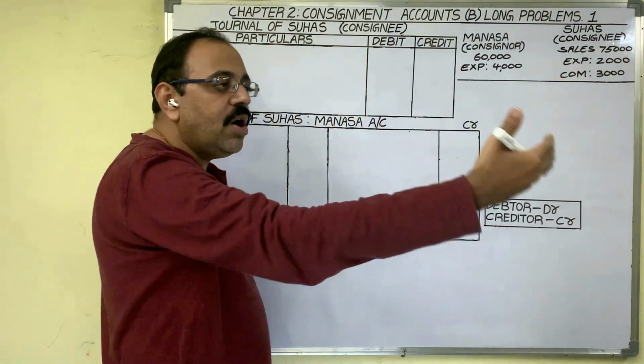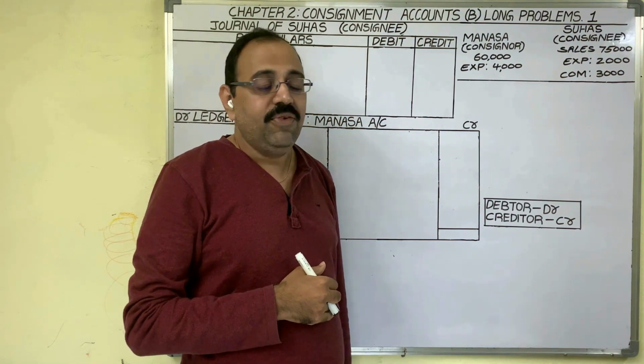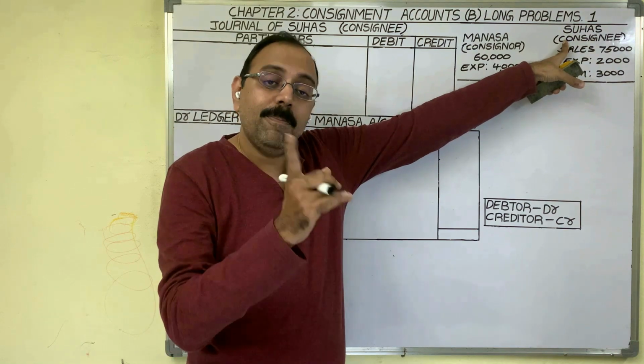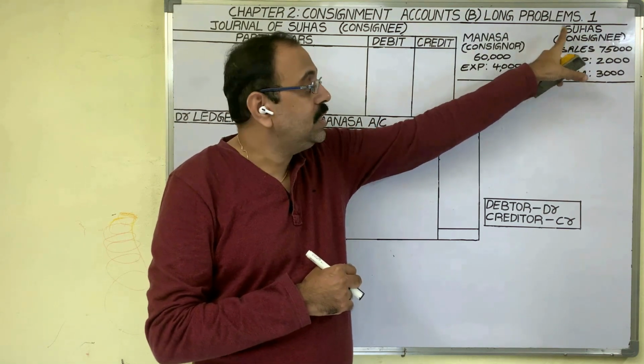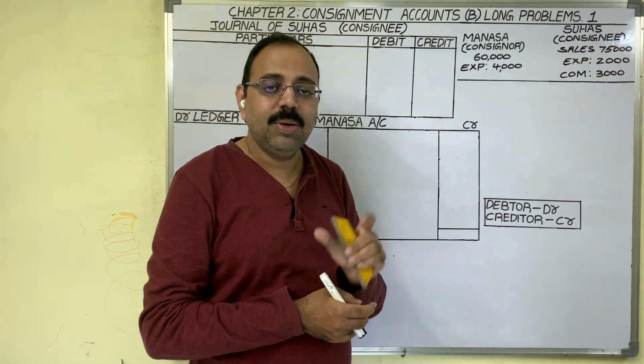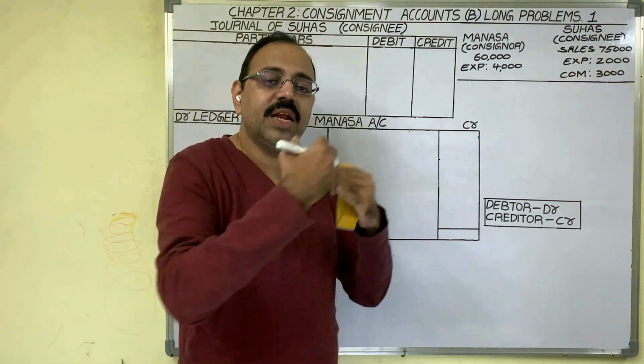Suppose instead of receiving that sales amount in cash, the consignee receives that amount through a check, then we should debit bank account, because the bank becomes a receiver. Bank is a personal account. Personal account rule: debit the receiver, credit the giver.